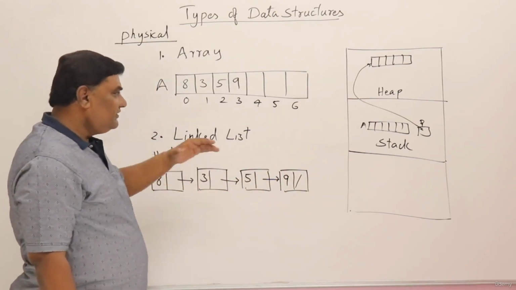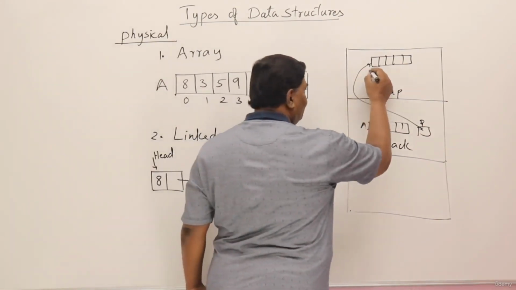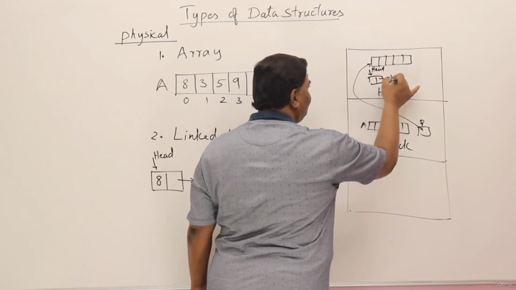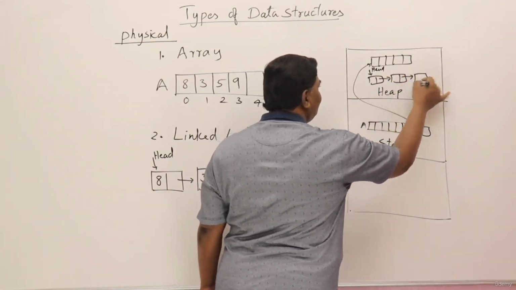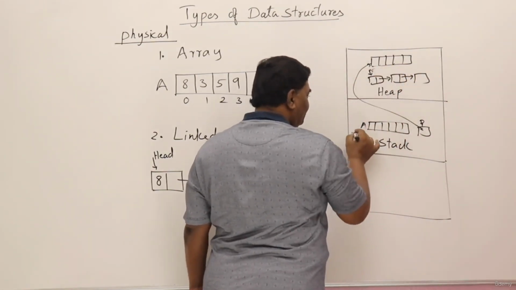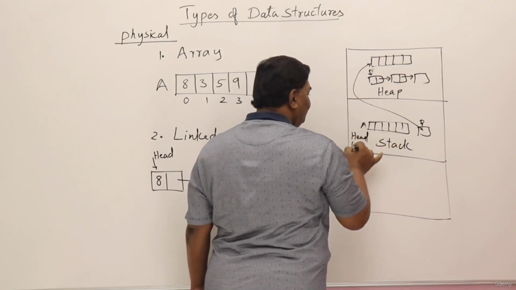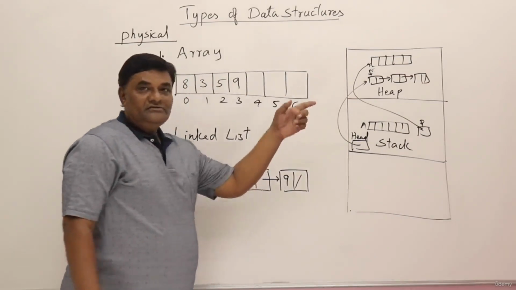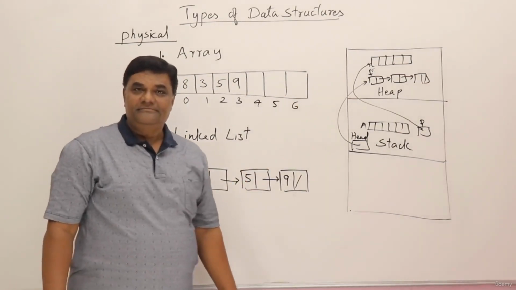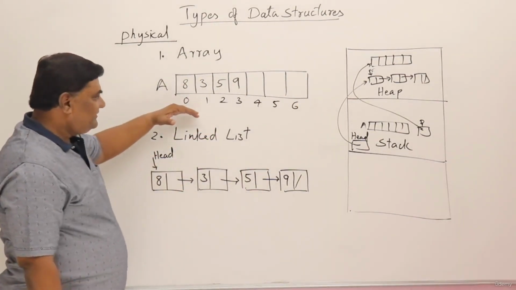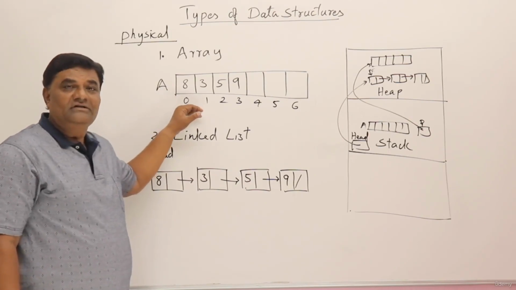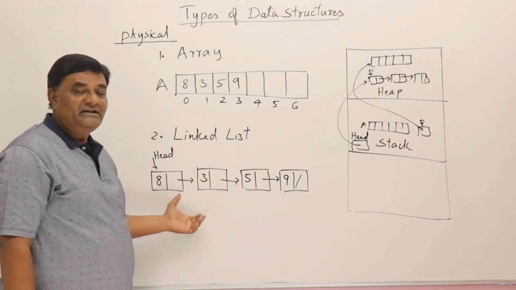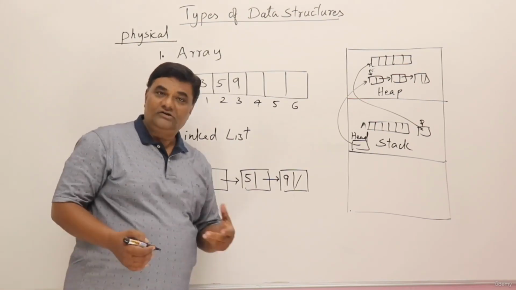This linked list is always created in a heap. Collection of nodes are always created in a heap. Like head may be a pointer that is pointing there, so the head pointer may be inside the stack. So linked list is always created in heap. We go with array if you know the limit of the list or the size of the list, if it is fixed. And we go with linked list if the size of the list is not known.